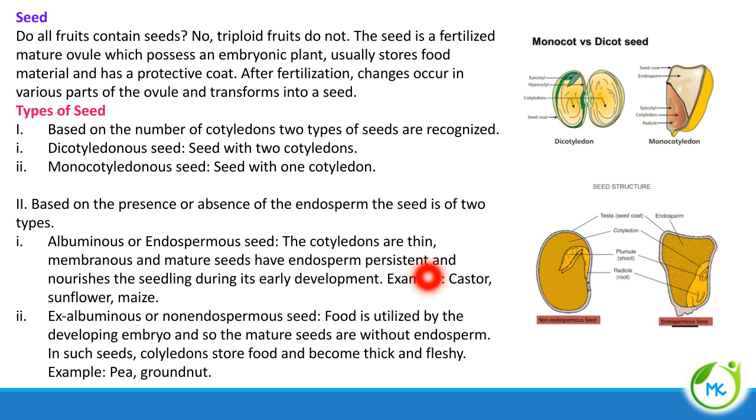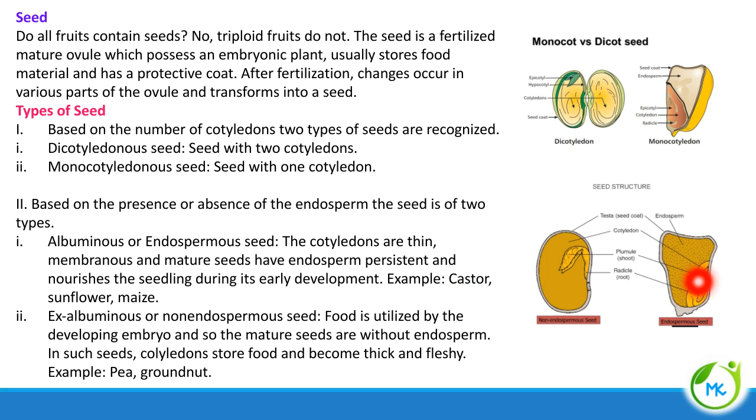It is present and nourishes the seedling during its early development. Such seeds which have the endosperm are referred to as endospermous seed. Examples given: castor, sunflower, maize.